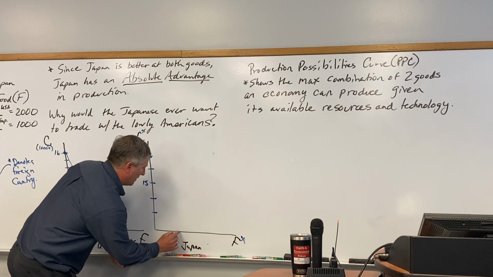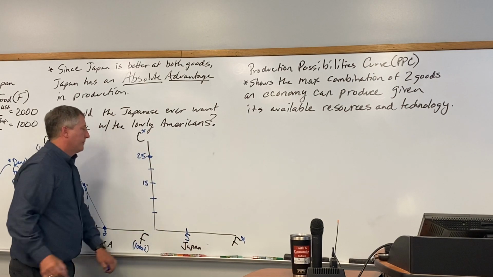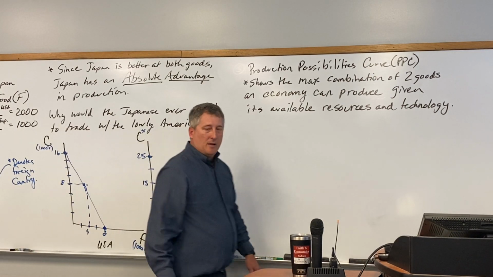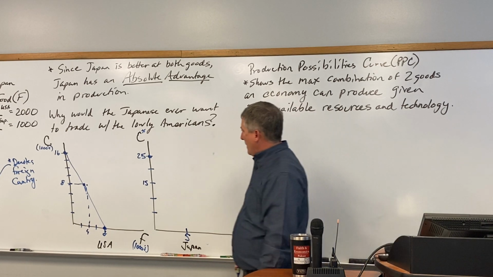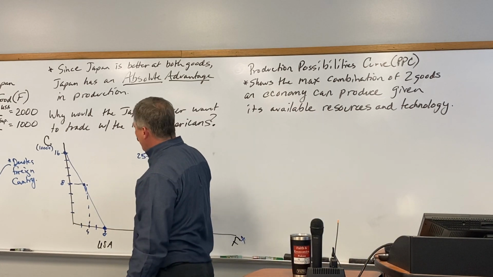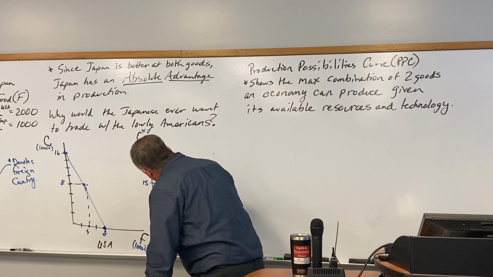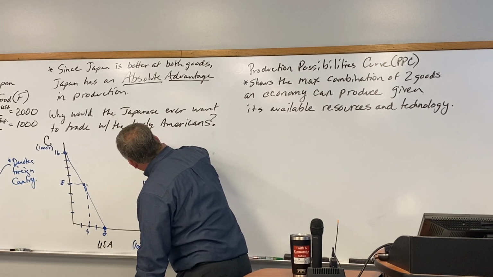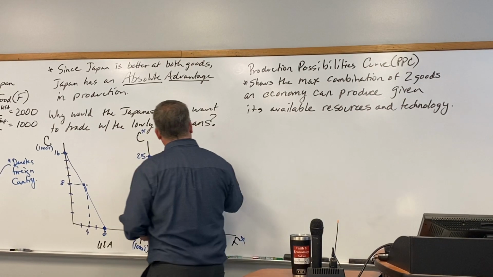So then we go 5. We don't have to have the scale perfectly. Let's just make that a 5. You can if you want. Or if we split people up, we could be anywhere in between. And so this now is the production possibilities.